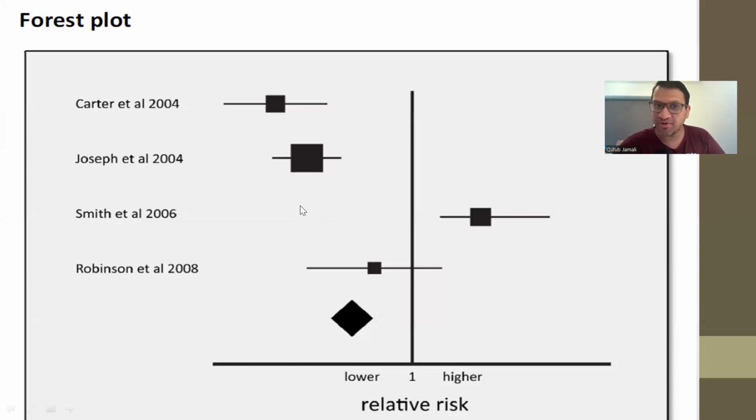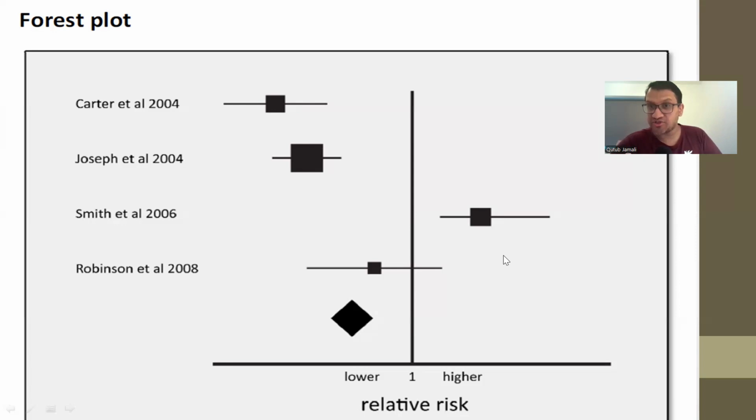The other thing you need to be mindful of is the square. The bigger the square, the bigger the sample size. The sample size was more, that's why it is bigger. So here you can see on the left where the relative risk is lower, there is one study with a big sample size because there is a bigger square, and there is one study with a relatively smaller sample size.